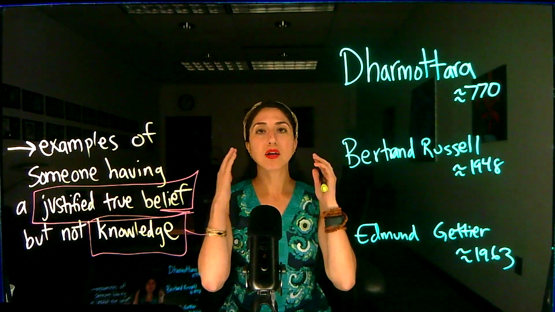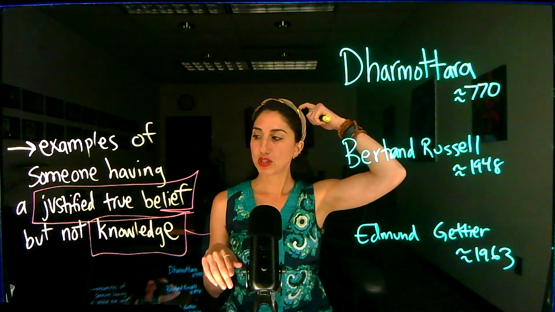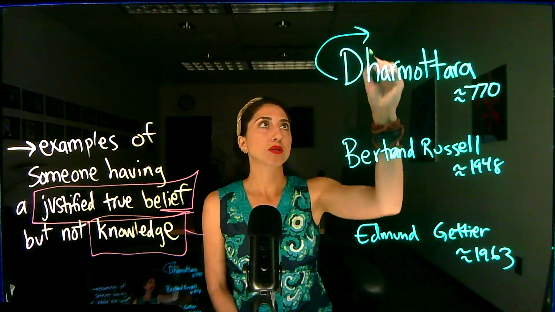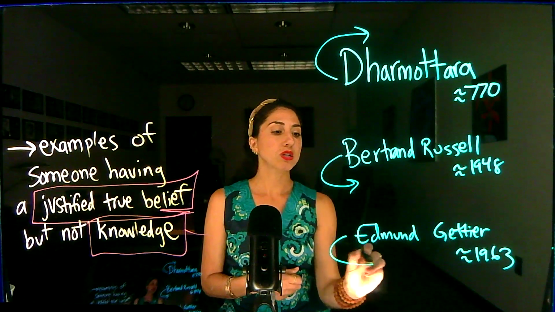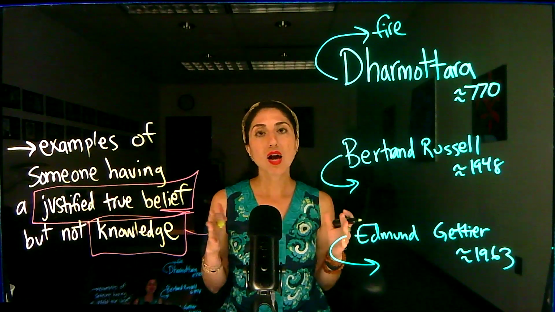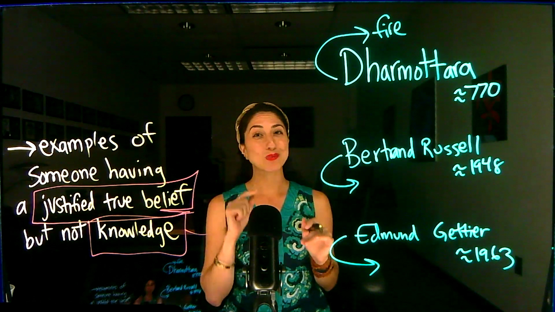Bertrand Russell gives the exact same structure, an example of someone with justified true belief but not knowledge. And Bertrand Russell's example is about a person who sees a broken clock. And the broken clock says 3 o'clock. And the person looks at this clock, not knowing that it's broken.